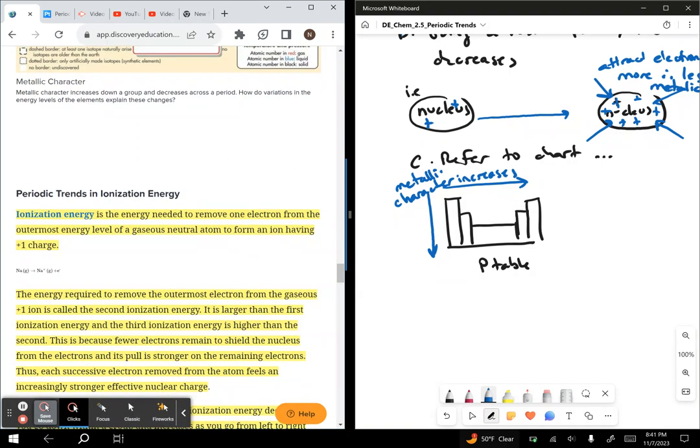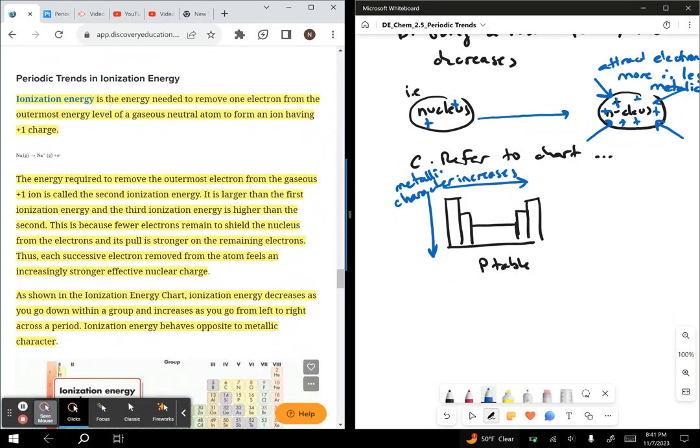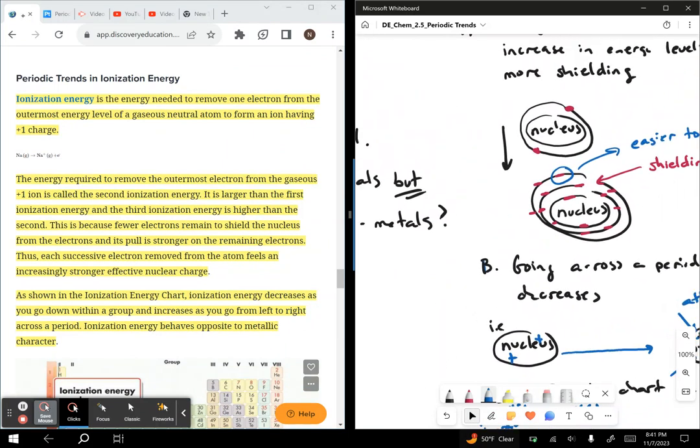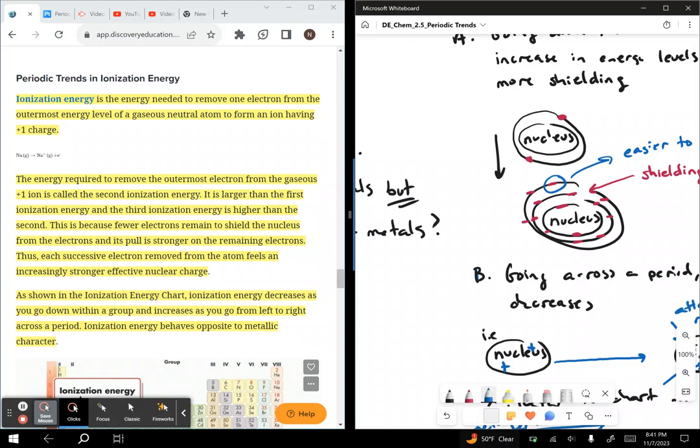Let's keep on going here. Ionization energy.